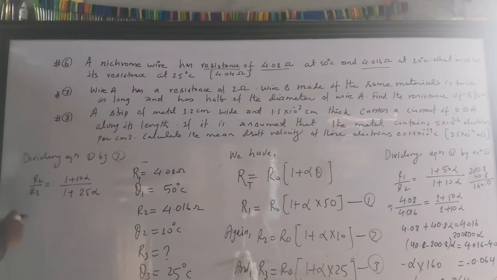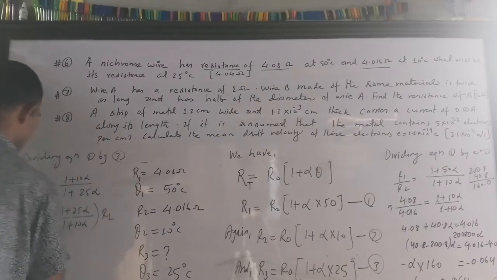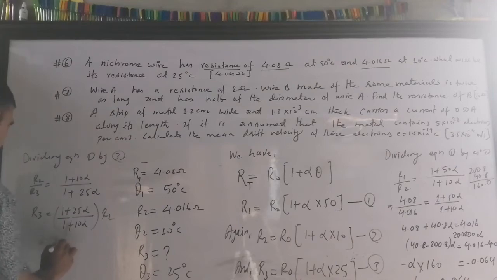Now we have the value of R2 and I don't have the value of R3, so I will write R3 equals (1 plus 25 alpha) by (1 plus 10 alpha) times R2.